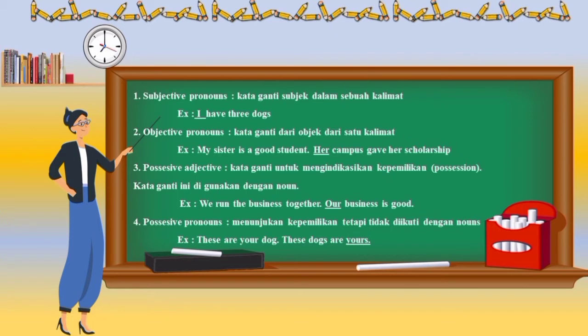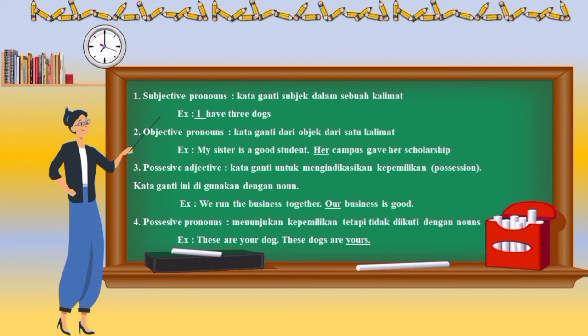Okay, we go to the next number. Objective pronoun. Objective pronoun here is kata ganti dari objek dari satu kalimat. I want to give you an example. My sister is a good student.